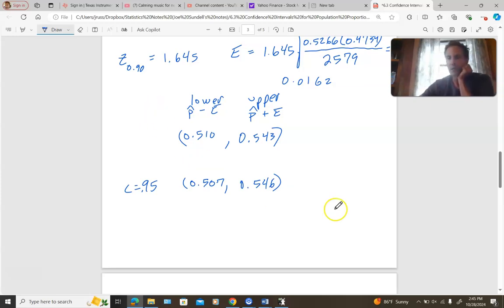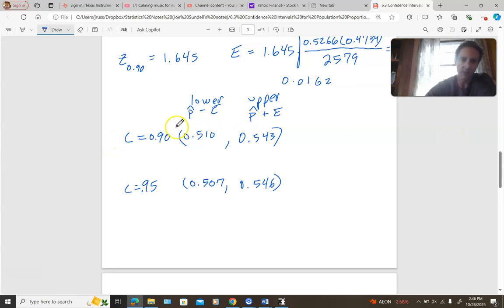All right, so now to compare the two, the interval associated with this higher level of confidence is a little bit wider, if you notice, okay? And that's because if we want to have more certainty, then we're going to end up with a wider interval to make sure we capture the true population proportion.